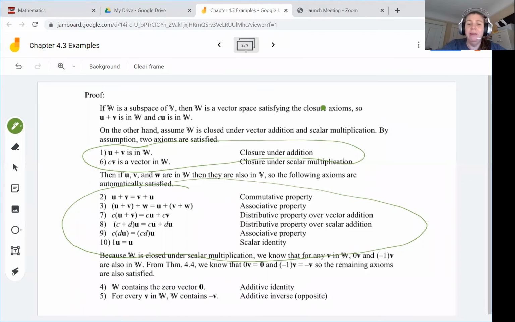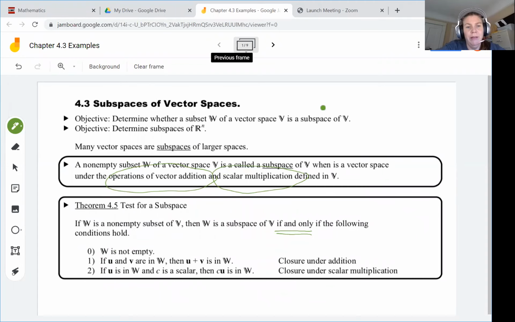And we know that the -1 scalar times vector V is negative vector V. So the remaining axioms 4 and 5 are also satisfied. Our space W contains the 0 vector, and for every V in W, W contains -V. So we have satisfied this theorem that if W is a non-empty subset of V, then W is a subspace of V if and only if these three conditions hold.